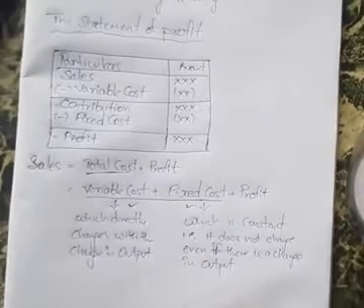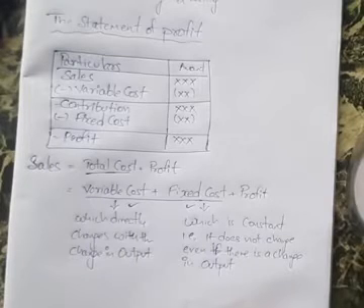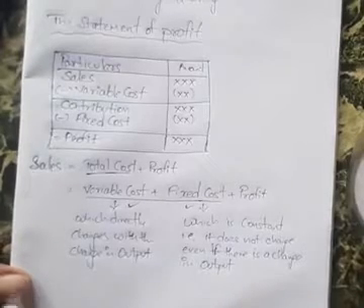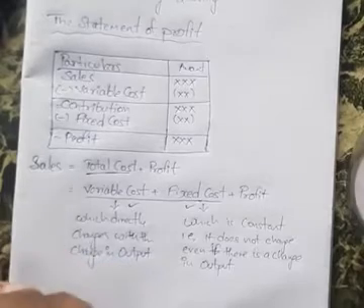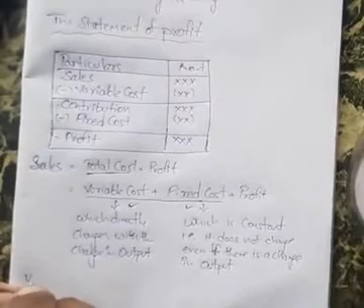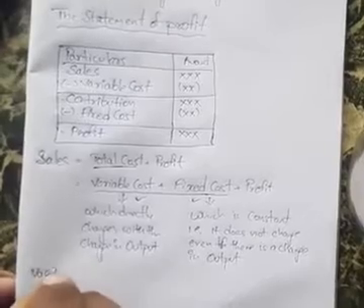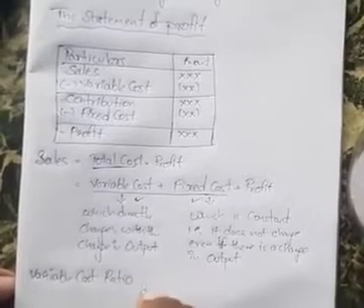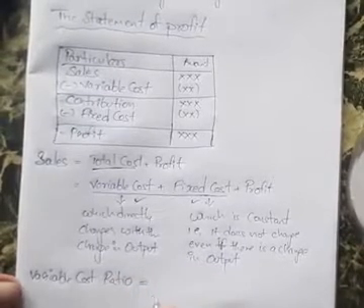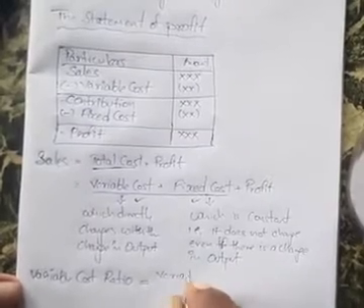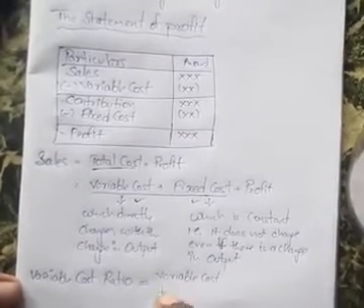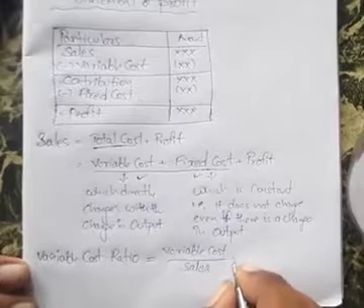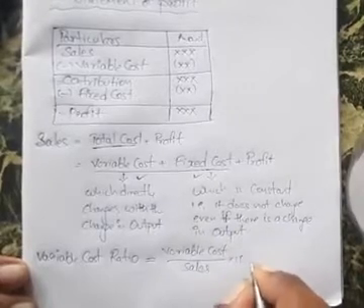Okay, so now let us understand the variable cost ratio. Variable cost ratio is equal to variable cost divided by sales into 100.